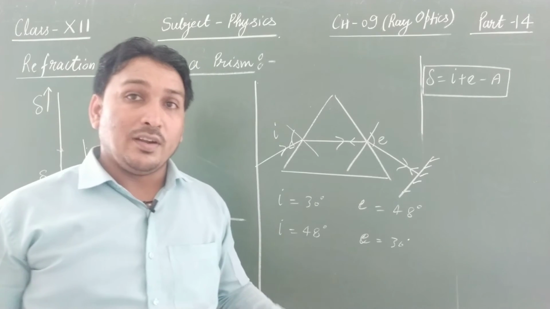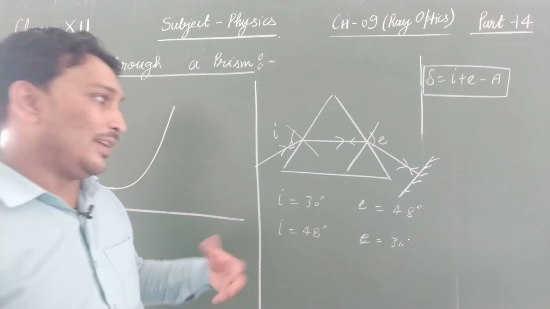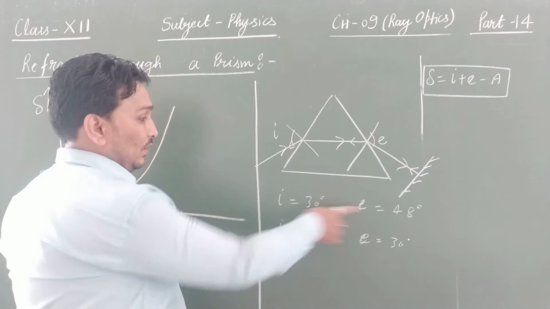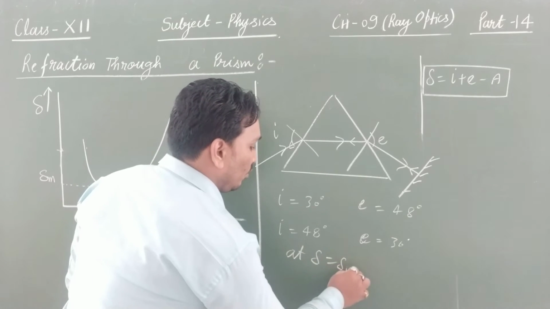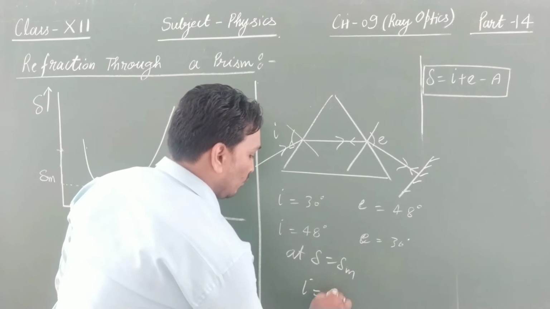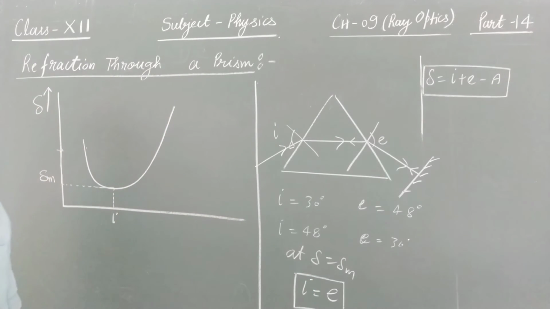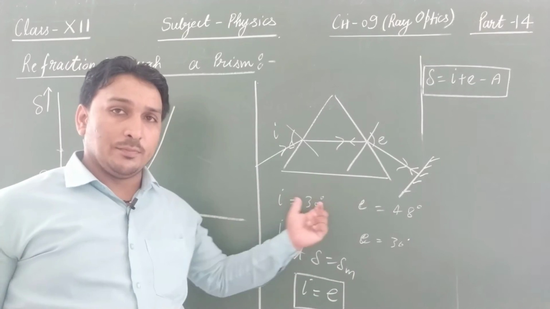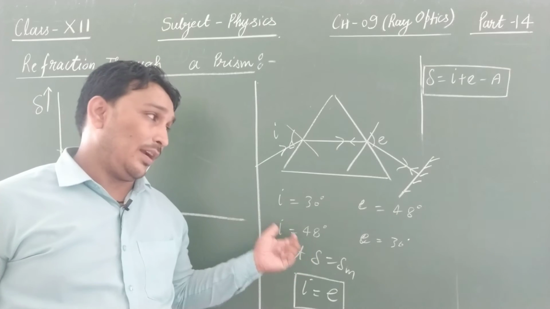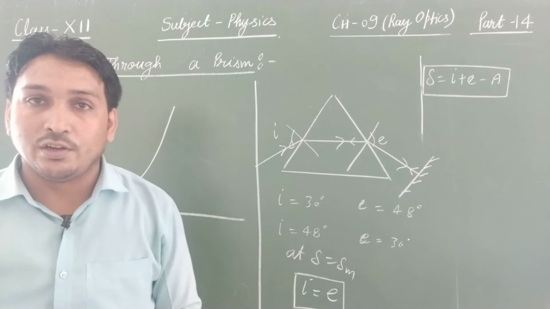But at the minimum angle of deviation, this does not happen, because at that point, since they are interchangeable, at delta equal to delta m, I is equal to E. For each delta there will be two values of I, and I is interchangeable with E for the second value of angle of incidence.